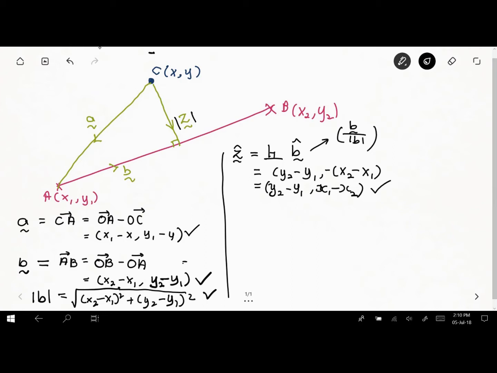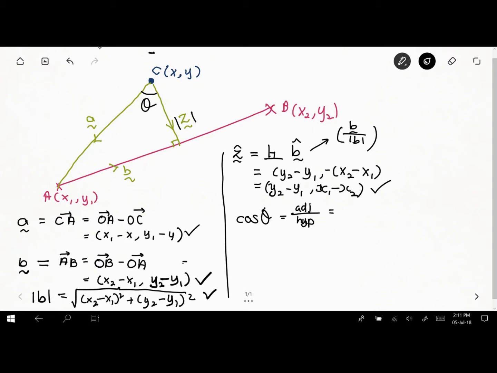Now for Z, under the cosine, if we have a theta here, then cosine theta is equal to adjacent over hypotenuse.